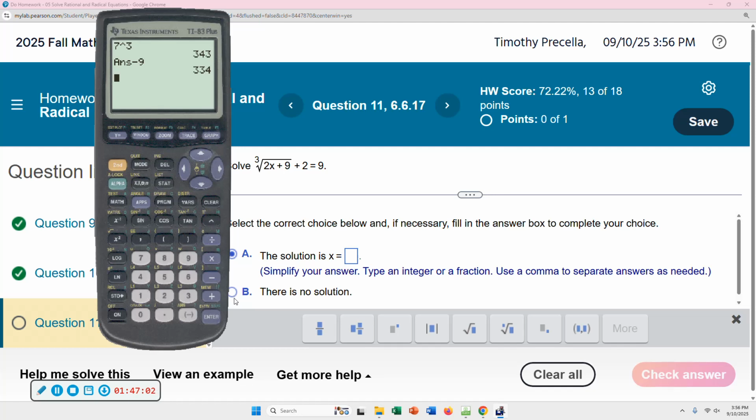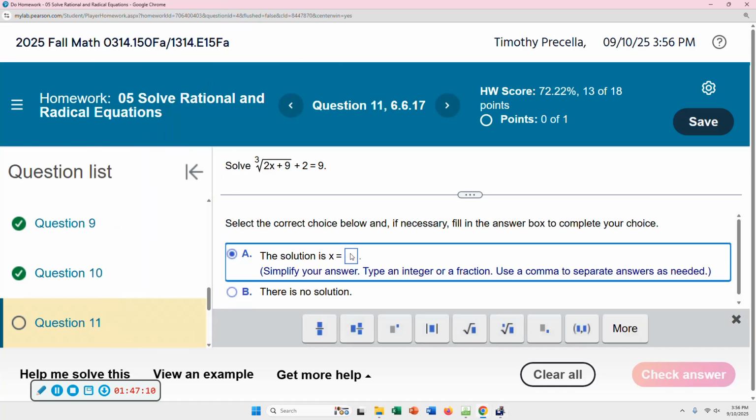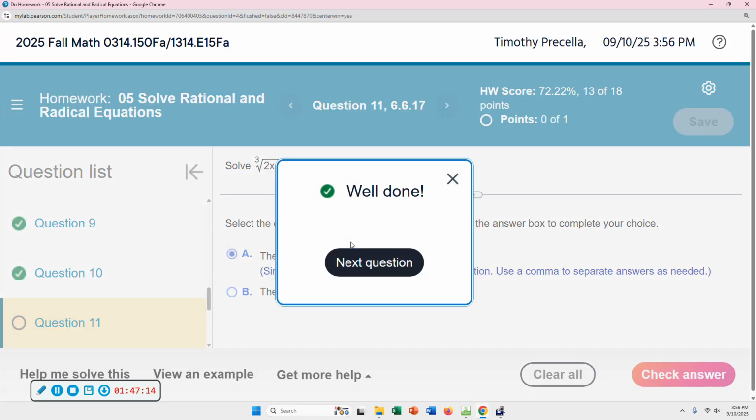It would have worked out nicer. So we'd wind up with 167. This is a better example as a fraction as the answer.